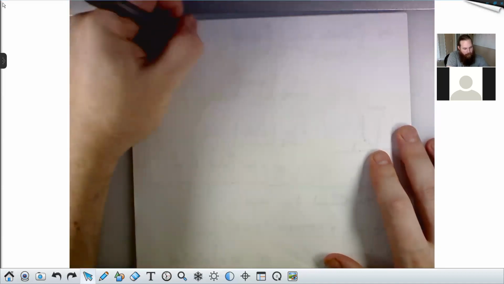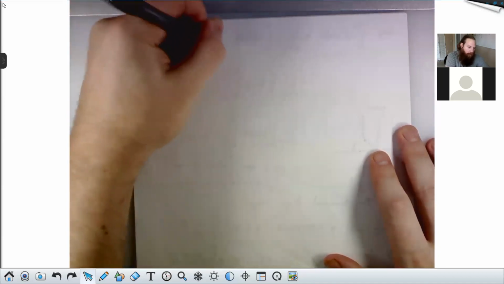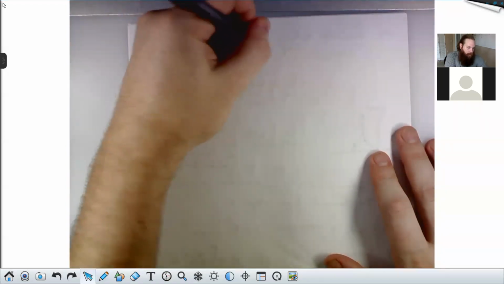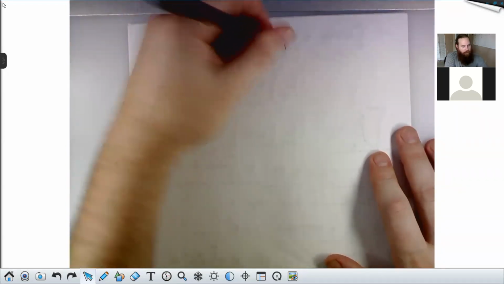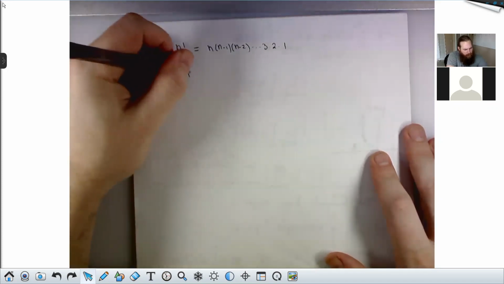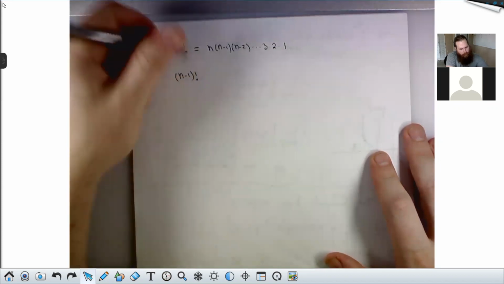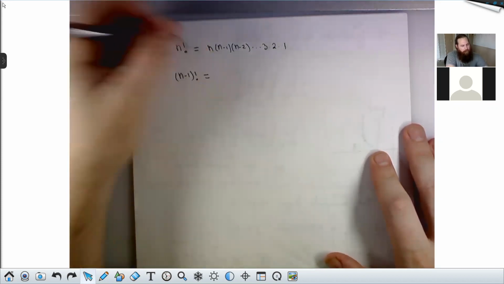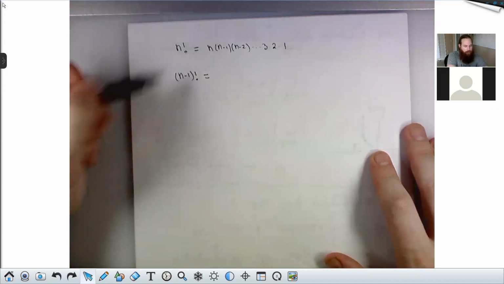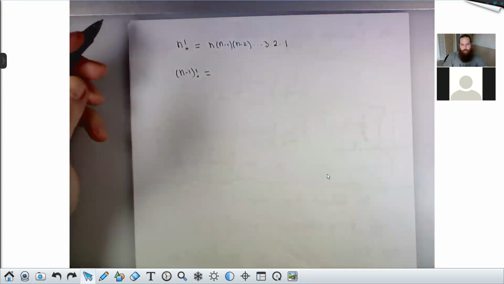N factorial, which we said is n times n minus 1 times n minus 2 times all the way down to 3 times 2 times 1. Looks like that. What about n minus 1 factorial? Well, the factorial of anything is that thing times that thing minus 1 times that thing minus 2 until you get all the way down to 1.